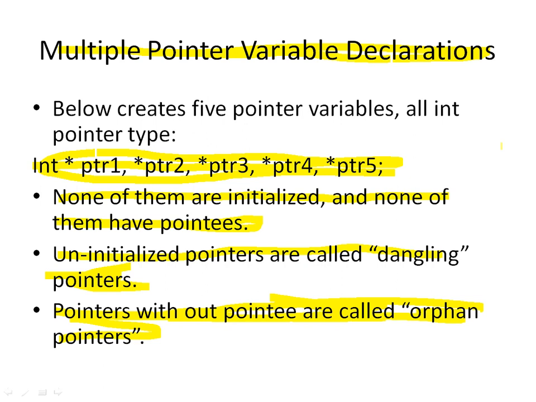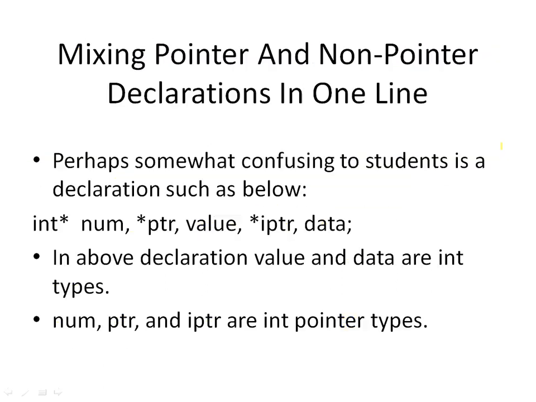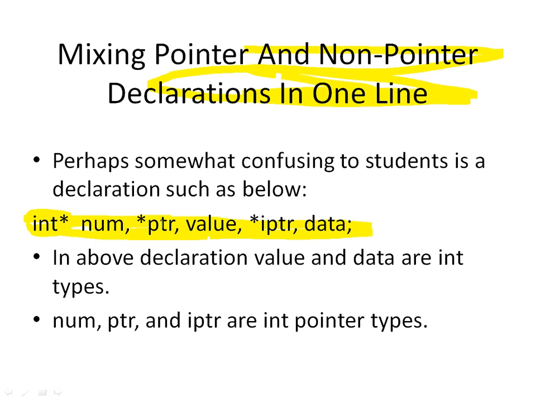We look at yet one more declaration. You can mix pointer and non-pointer declarations in one line. I do not recommend doing that, but you will read code written like this, which to some students is confusing. Okay, some of you may get confused thinking that these are all pointers because I have an int star here and these are double pointers.